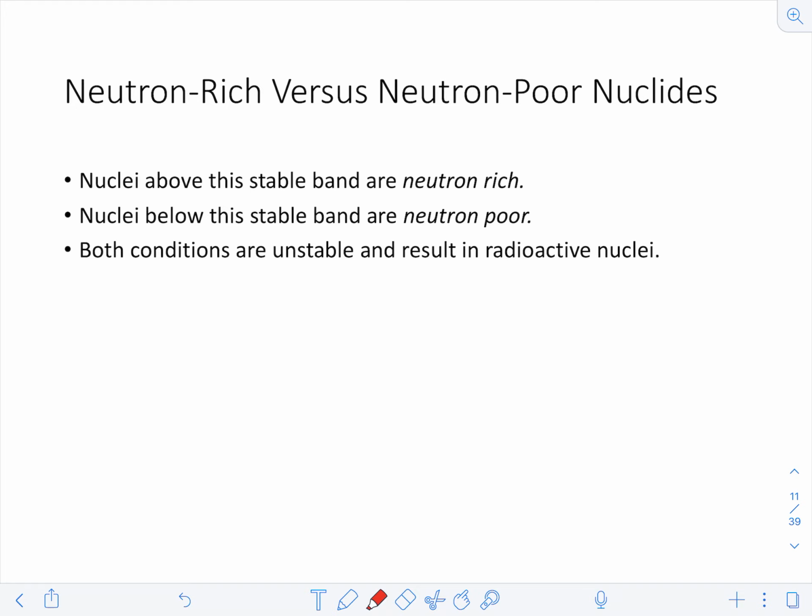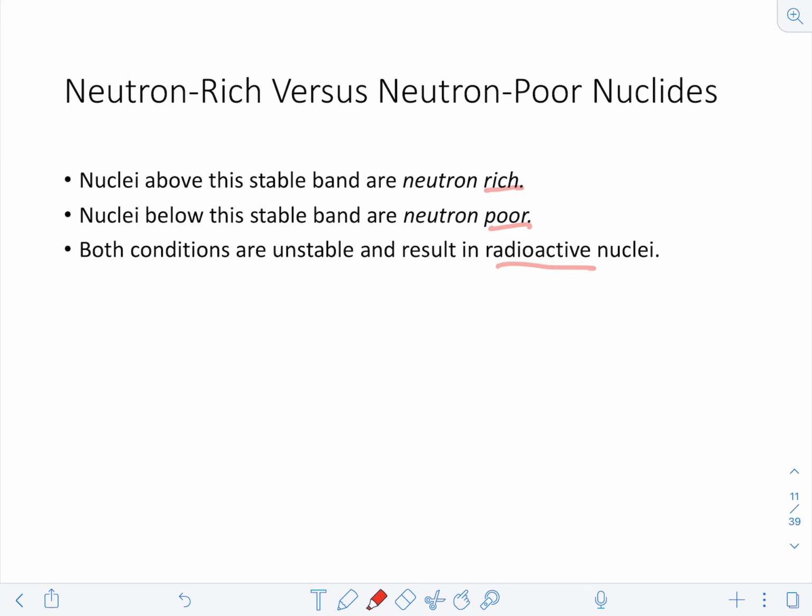Okay, so any nucleus that is above the ratio of 1 is considered neutron-rich. And then any element that is lacking neutrons is considered neutron-poor. When you start veering from that zone of stability, that is where you get radioactivity.